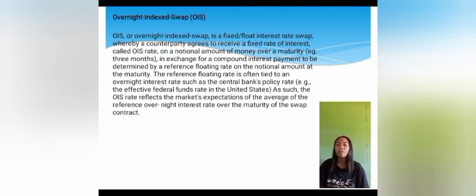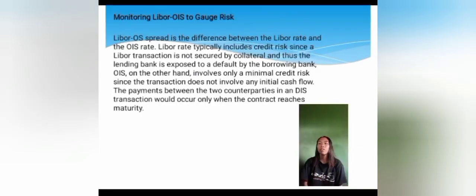An index swap refers to a hedging contract in which a party exchanges a predetermined cash flow with a counterparty on a specific date, and applies an overnight rate index such as the federal funds or London Interbank Offered rates. Index swaps are specialized groups of conventional fixed rate swaps with terms that can be set from 3 months to more than a year. The next is monitoring LIBOR OIS to gauge risk.